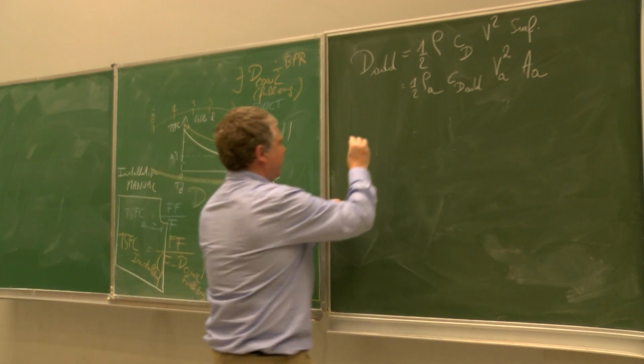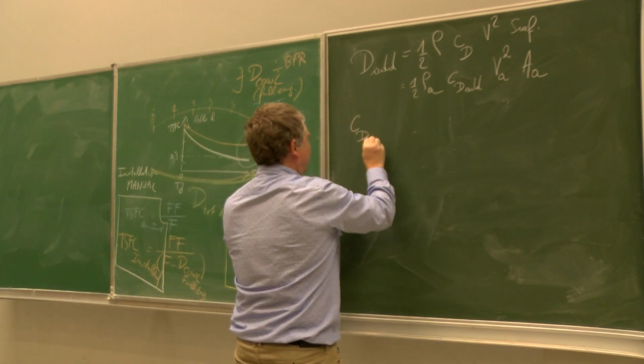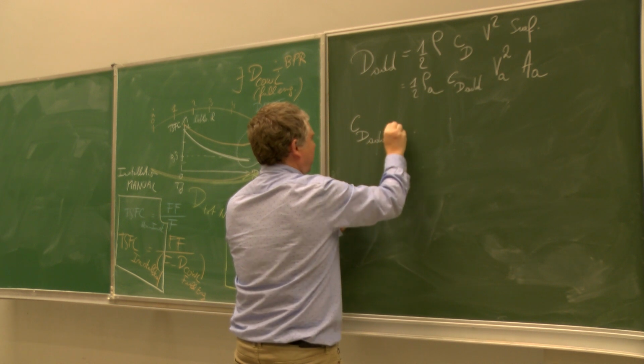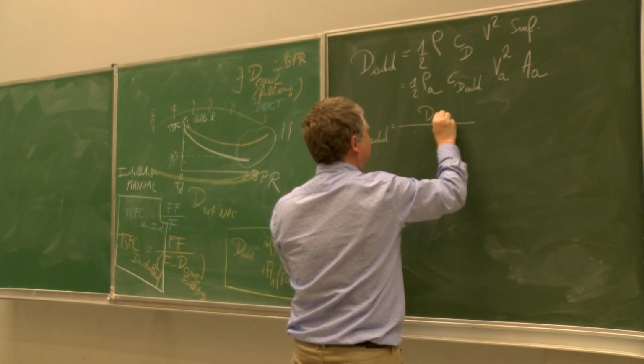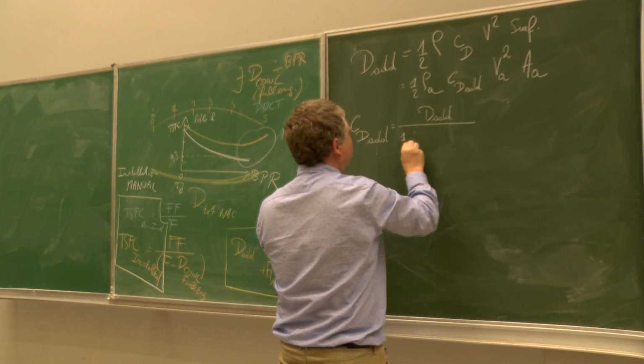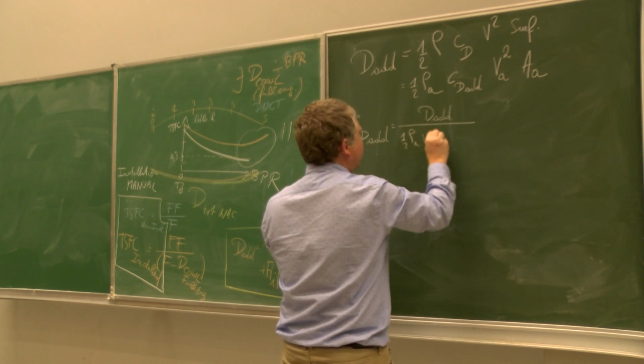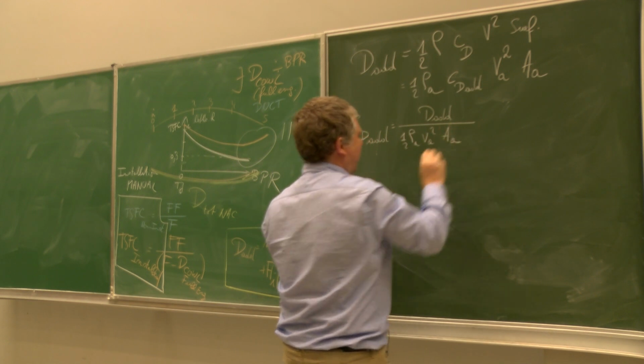You will take the surface AA. And you see that CD additive is in fact equal to D additive divided by 1/2 rho A VA square multiplied by AA.